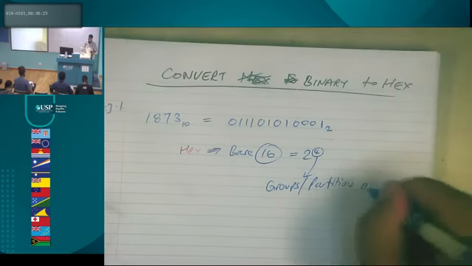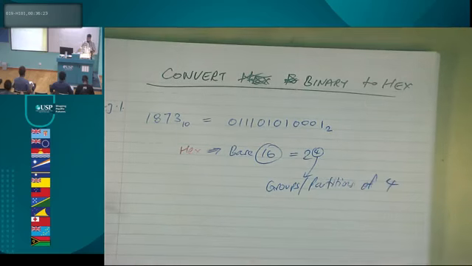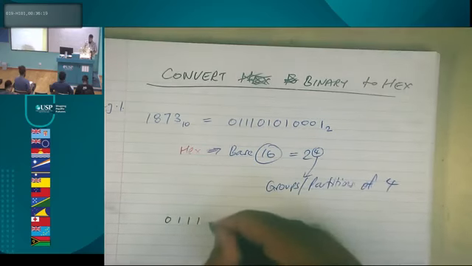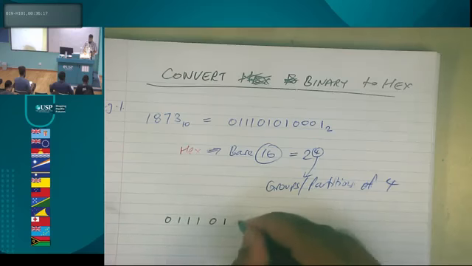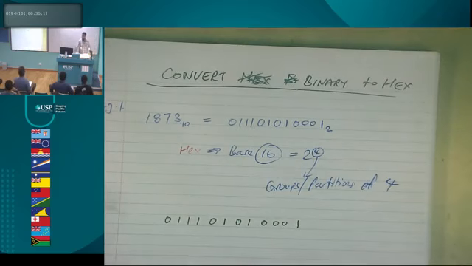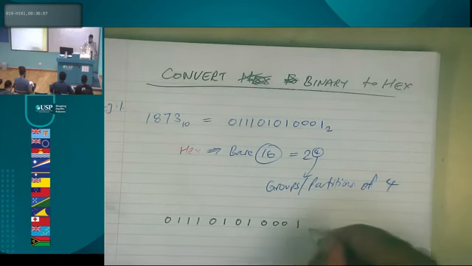Groups or partitions of 4. So let's rewrite that number, 011101010001. Have I written it correctly? All right, so let's do partitioning of 4. Start from this side.